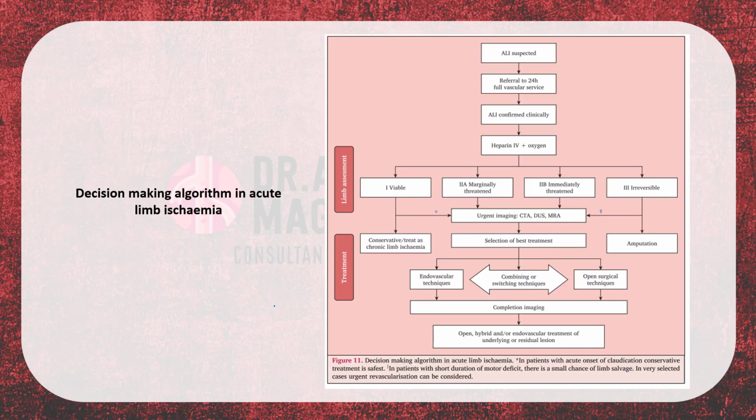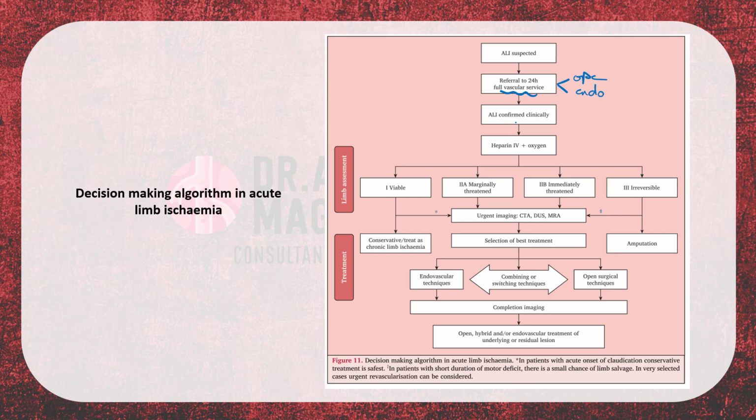As regards the decision-making algorithm in acute limb ischemia, when acute limb ischemia is suspected, referral to a 24-hour full vascular service is recommended, and by full we mean a vascular service that can provide both open and endovascular options for the patient.